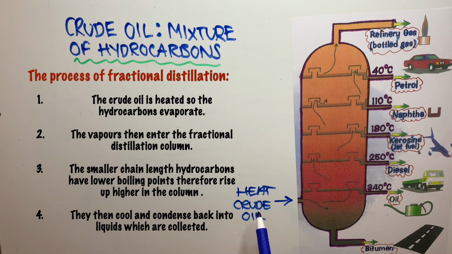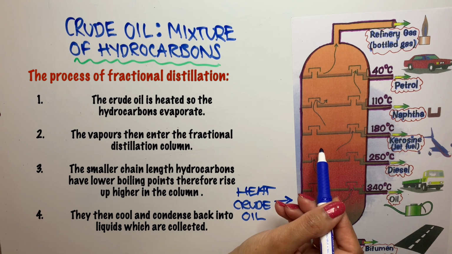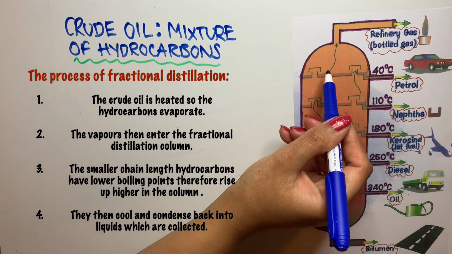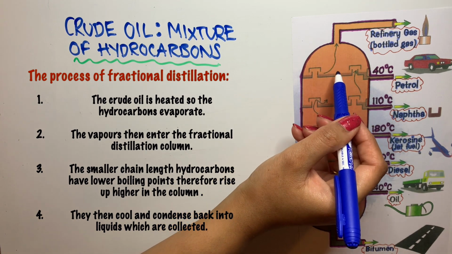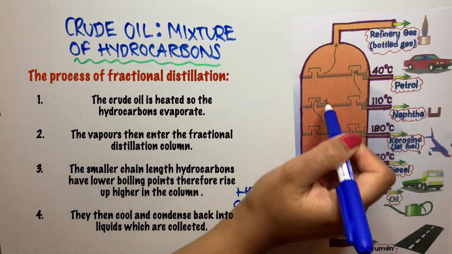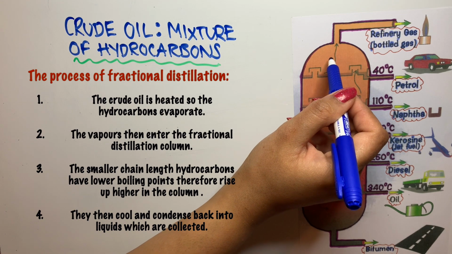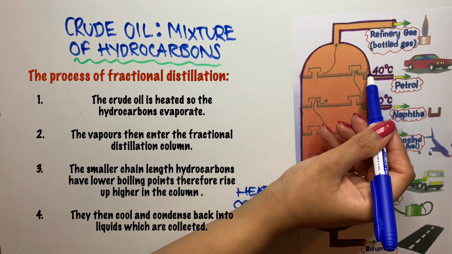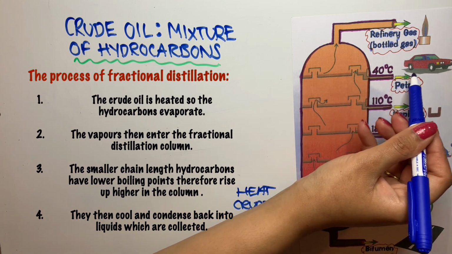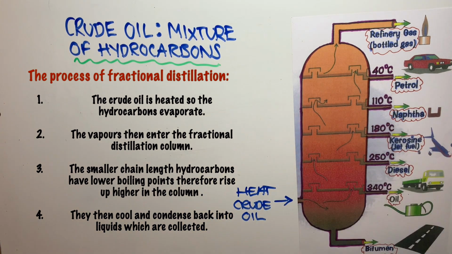The vapour will then enter the fractional distillation column, and the smaller chain length hydrocarbons will rise up higher in the column. And when they reach a specific point in the column, they will then cool and condense and turn into a liquid. The liquid can then be collected and used as a fraction.